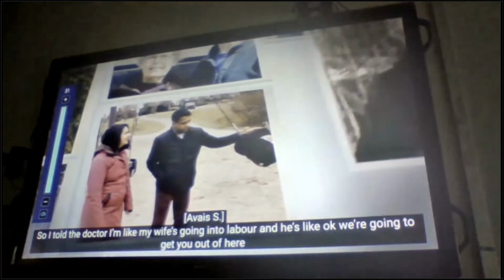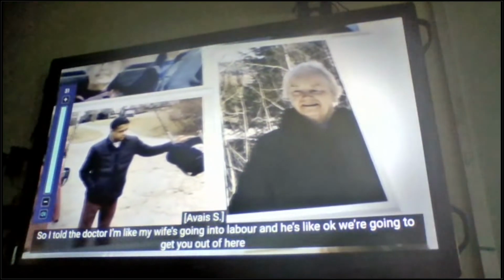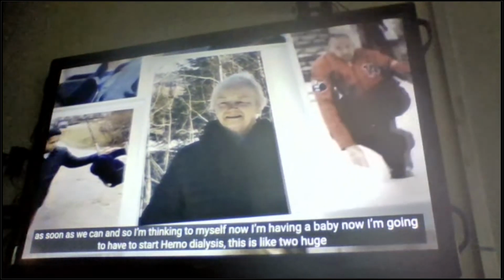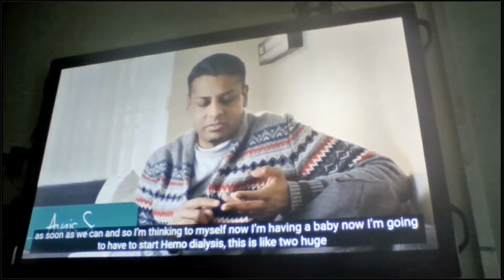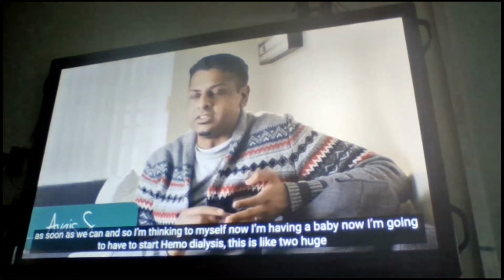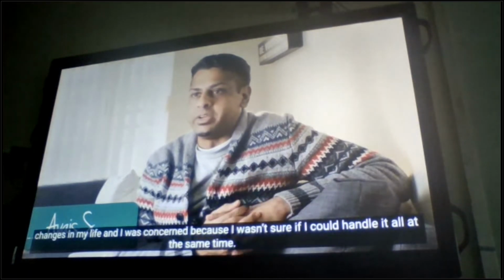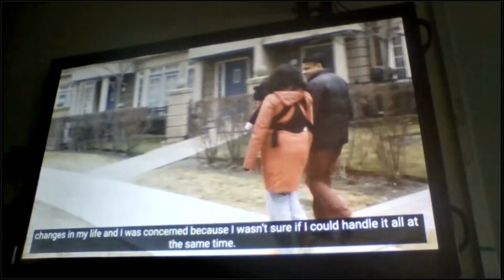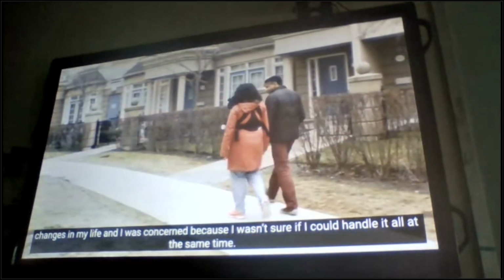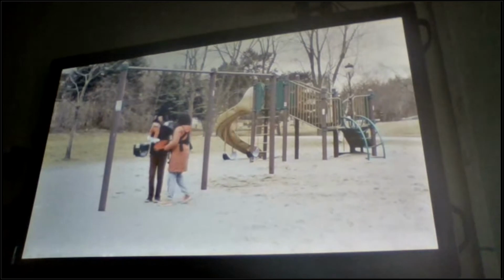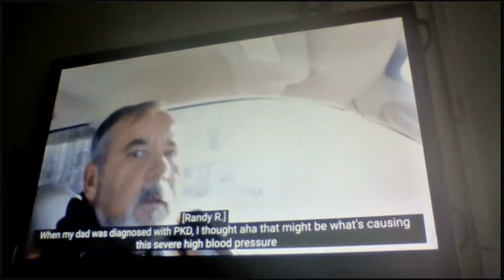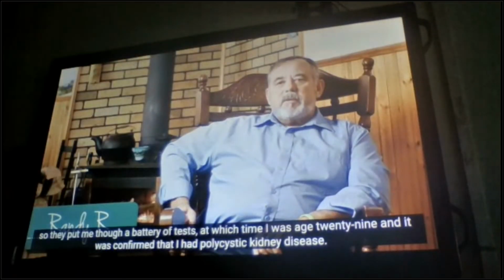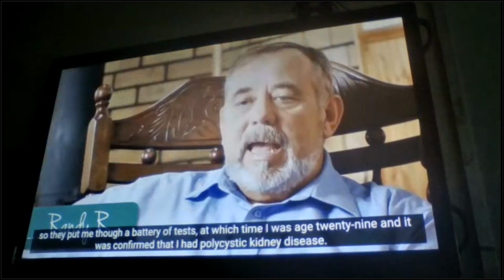I told the doctor, my wife's a believer. He's like, okay, we're going to get this week done. I told myself, I'm having a baby now, I'm starting dialysis, which changes my life, and I was determined to handle it all at the same time. When my dad was diagnosed with PKD, they thought, aha, that might be what's causing this severe high blood pressure. So then they put me through a battery of tests.